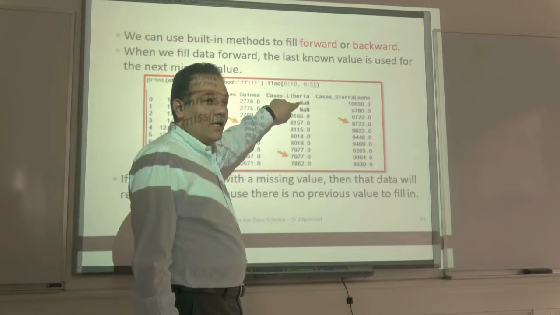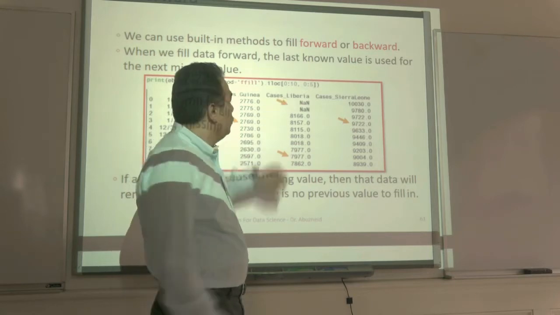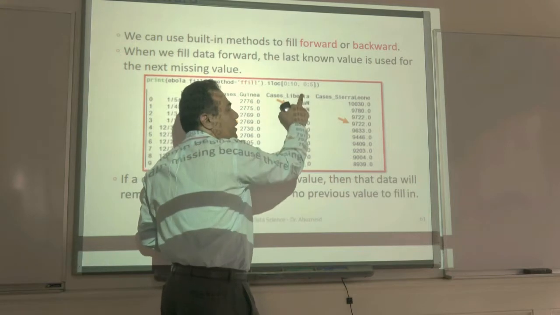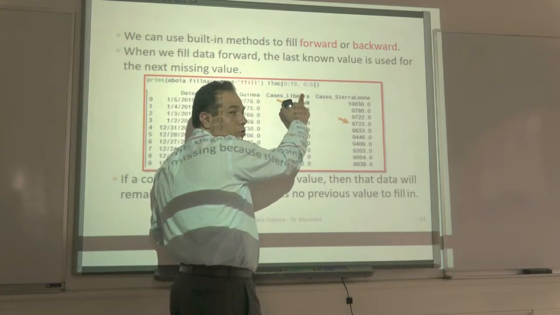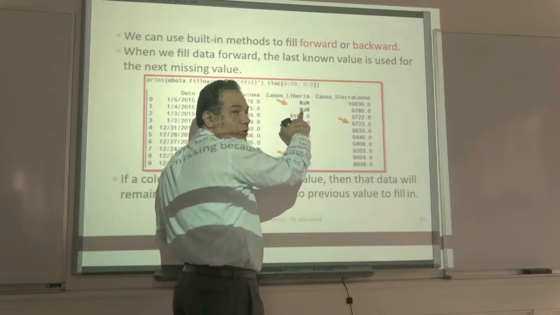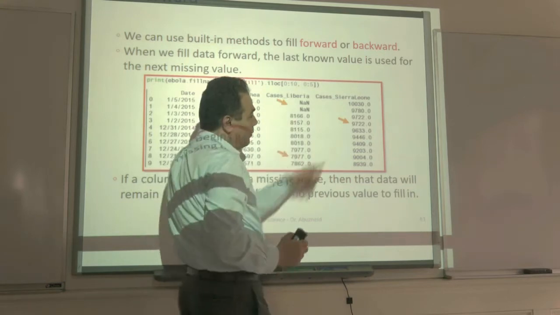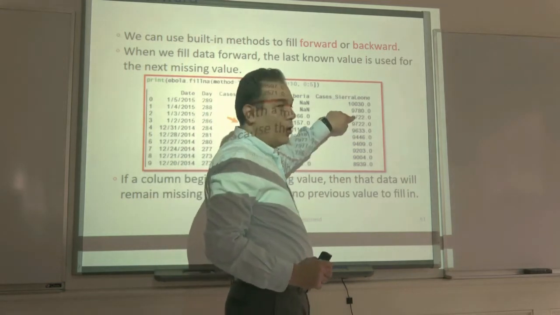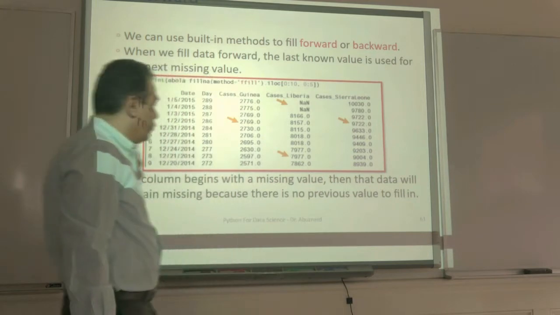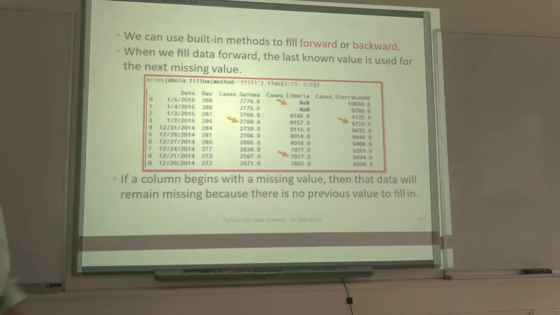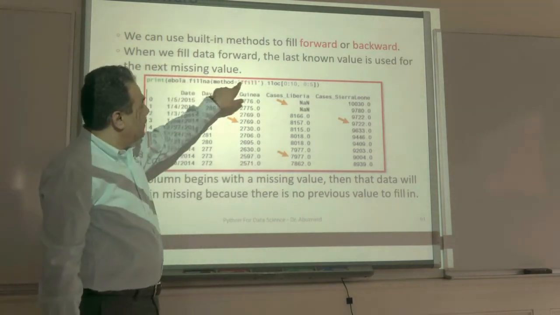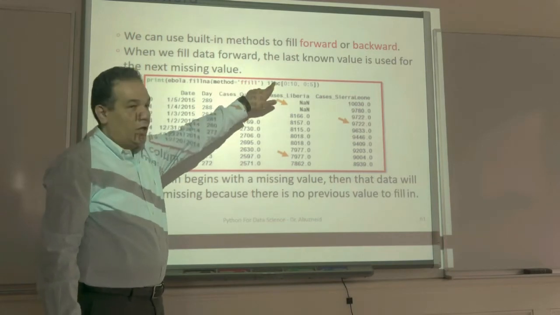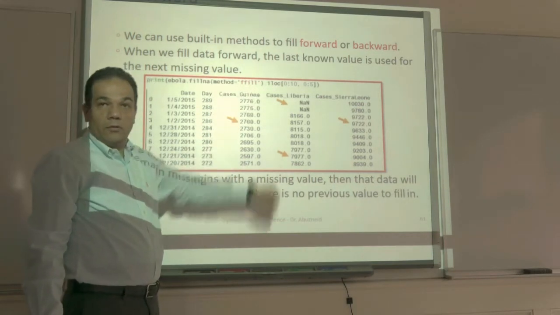No, so I cannot replace it, I cannot do anything about it. So I look at the one before it. Is there anything before it? No, I keep it as it is. How about this? Keep it as it is. How about this? I look at the one before that and replace it with that. So in here we use the fillna method, method forward fill, and you specify where. Fair?